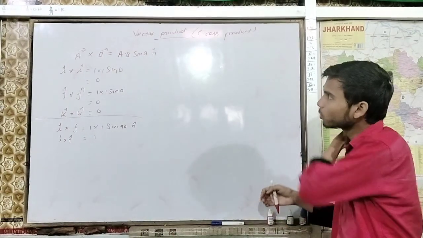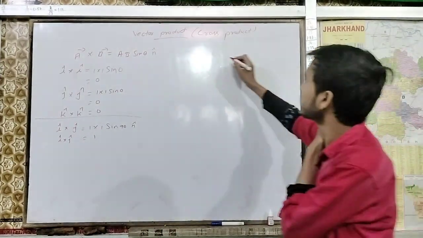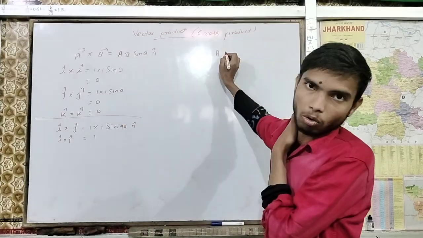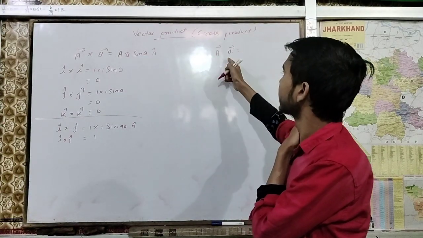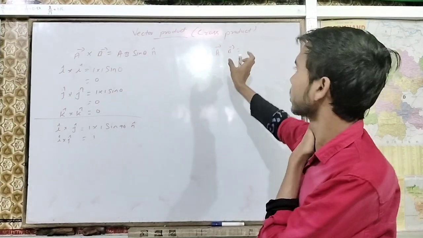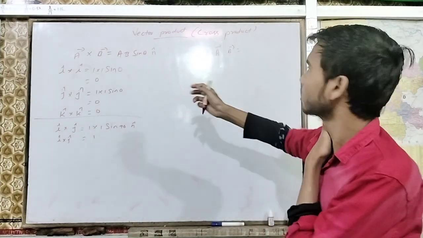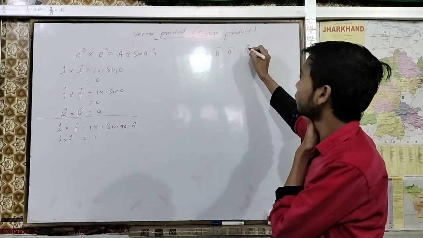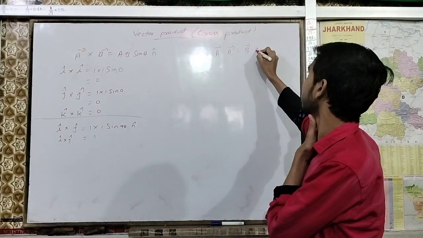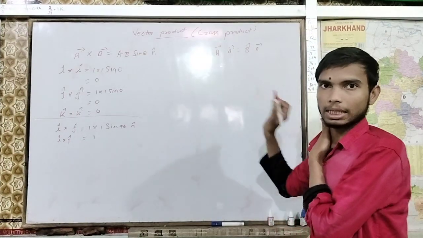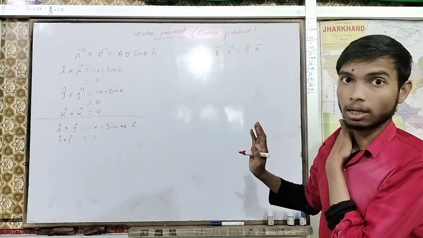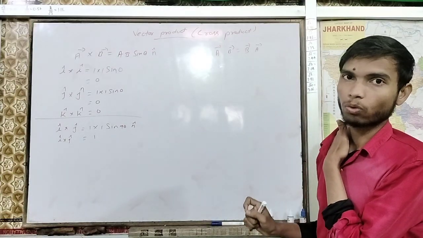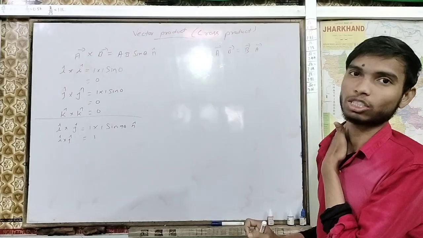Now tell me, one thing I would like to introduce is that when you are in dot product, this order can be changed. B can be written first and then A. This is valid in dot product. You can change orders. But when it comes to vector product, you cannot change orders.